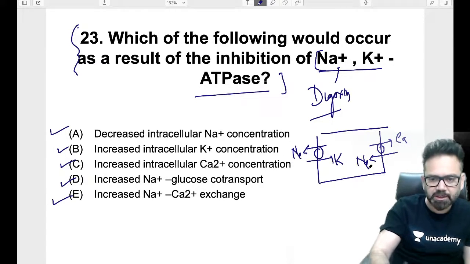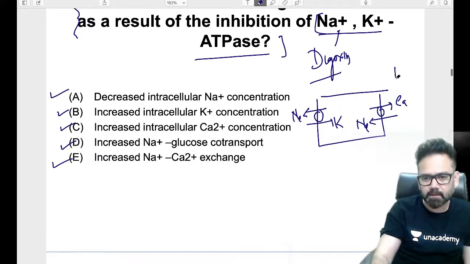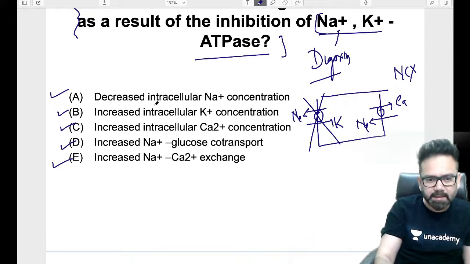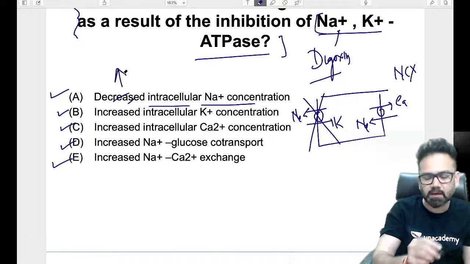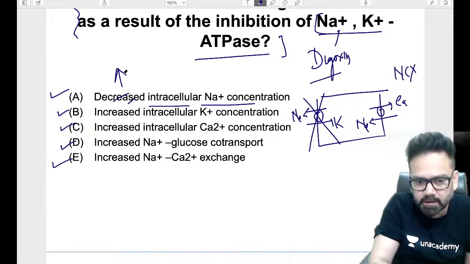Sodium calcium exchanger, NCX. If you inhibit sodium potassium ATPase, does intracellular sodium decrease or increase? Now sodium cannot be taken outside, so there will be increased intracellular sodium concentration, not decrease.